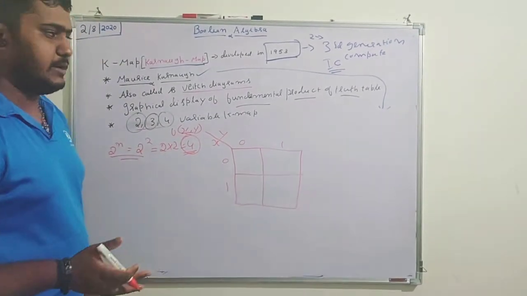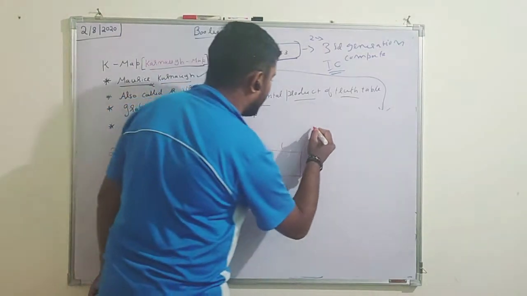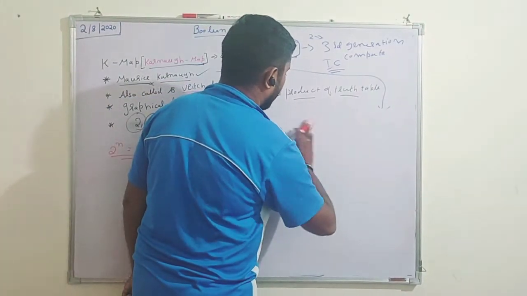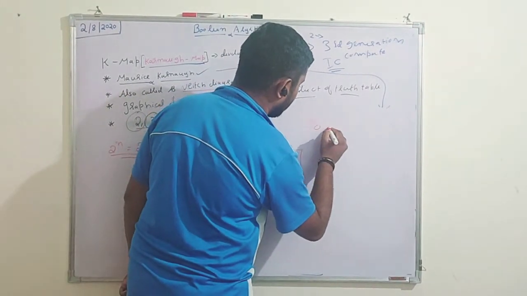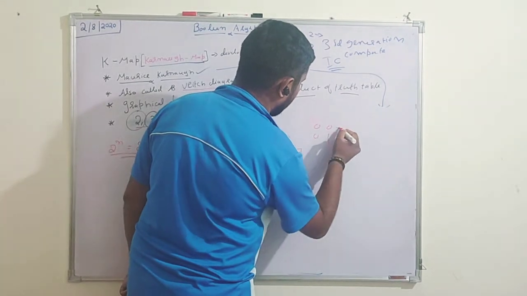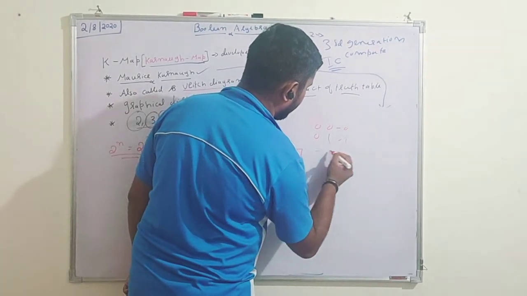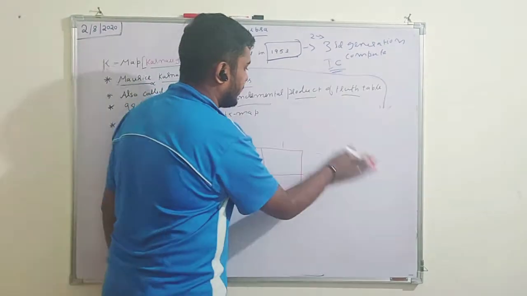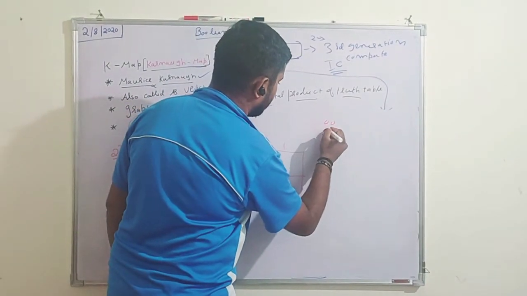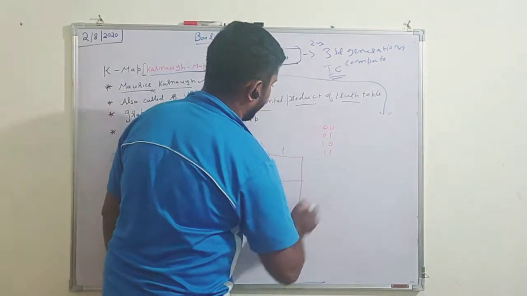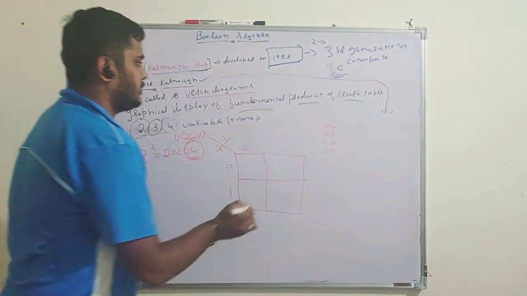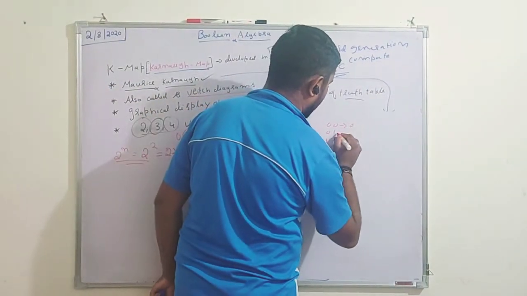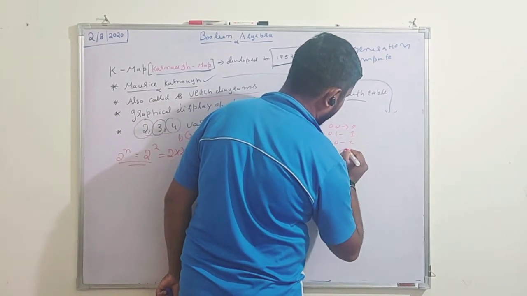Now we should number them. When I say a binary number, 0 0, 0 1, 1 0, 1 1, I should get this much. So I say that as 0, 1, 2, 3.